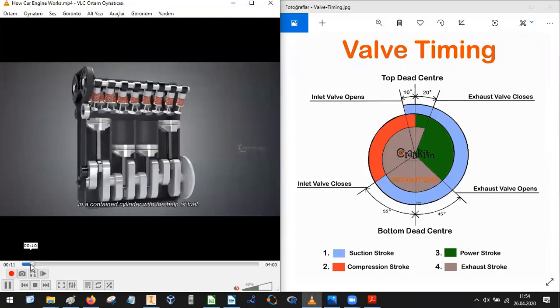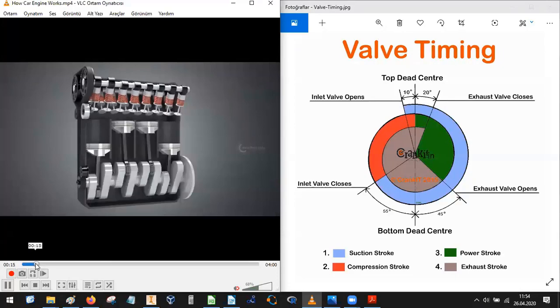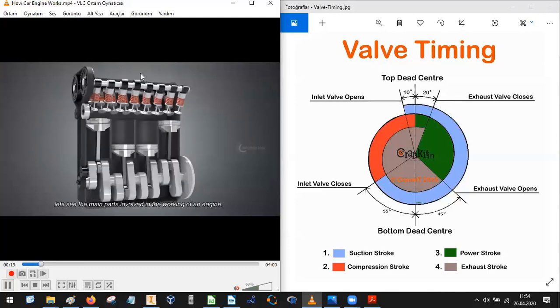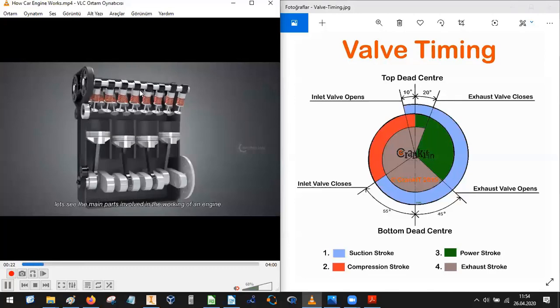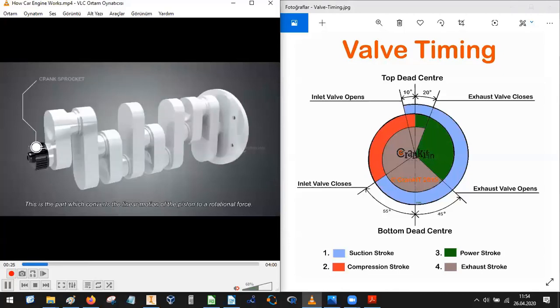In the beginning of the semester, we made an engine design, but I'm not changing this cycle here. You see the camshafts on the top. It just arranges the timing of the opening and the closing of the valve.